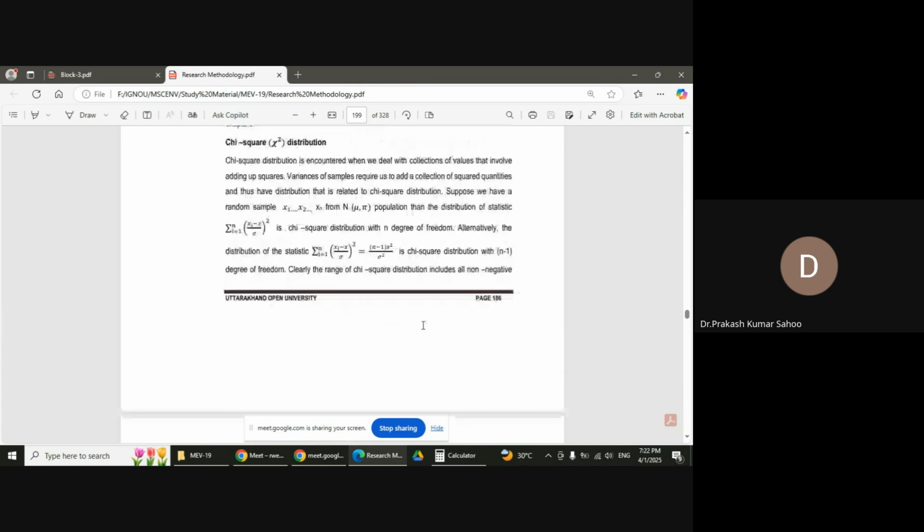That is why this is known as degree of freedom. It is n minus 1. So if I change this equation, I have n minus 1 s square by sigma square, which is the chi-square equation for your set of data.